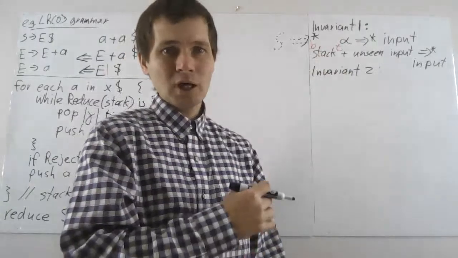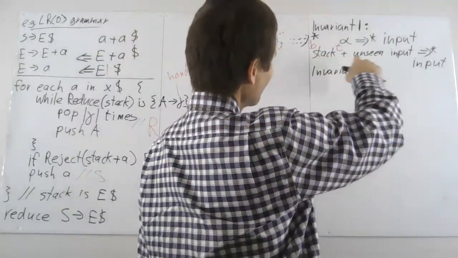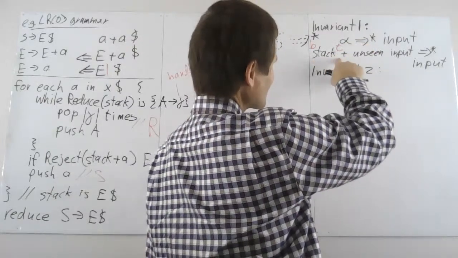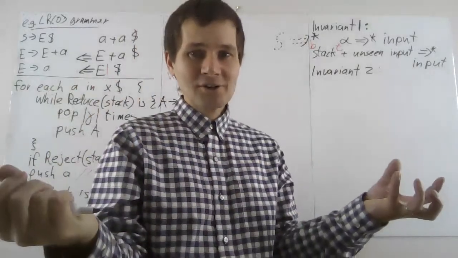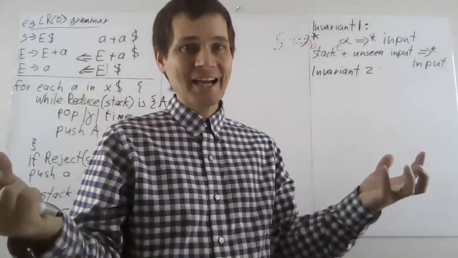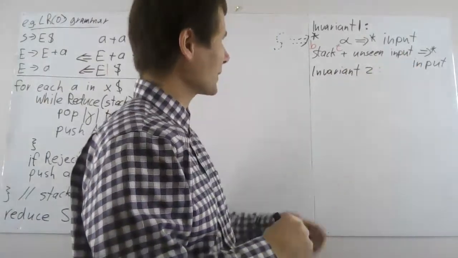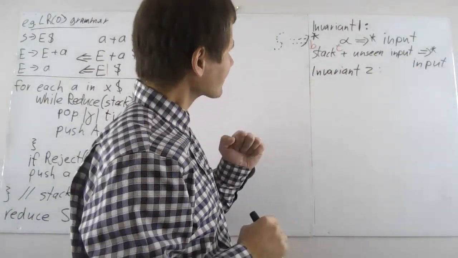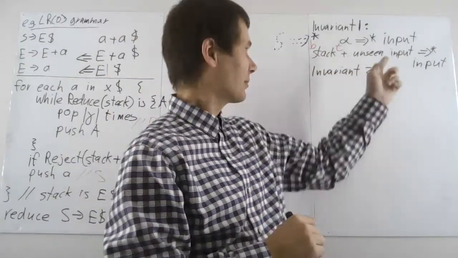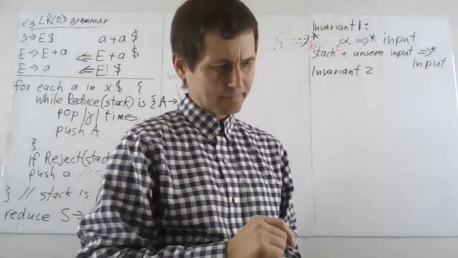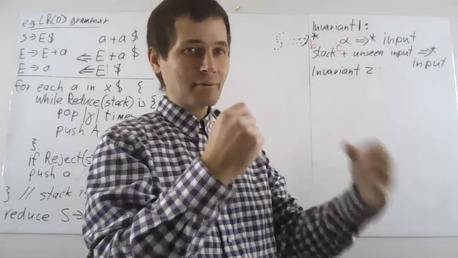We don't control the input. What's more, we're representing alpha as the stack plus an unseen input, and by definition, we haven't seen the unseen input yet, so we don't even know what it is. So we can't know that S derives the stack plus the unseen input. But what we're going to do is something related.